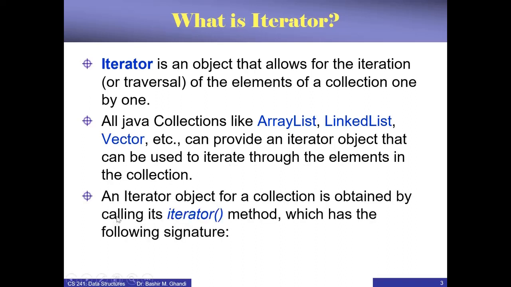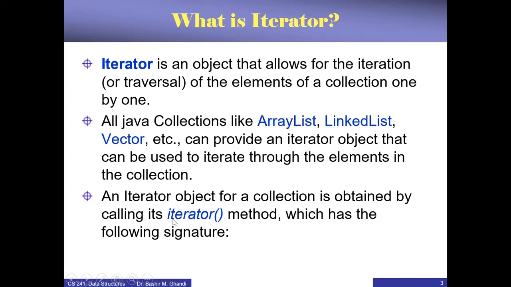Now, an iterator object for a collection is obtained by calling the iterator method. So basically what we are saying is, if you have a collection, how do we get an iterator of that collection? Because for you to be able to traverse through the collection, you need an iterator object. So how do you get the iterator object? You do that by calling a method called iterator.